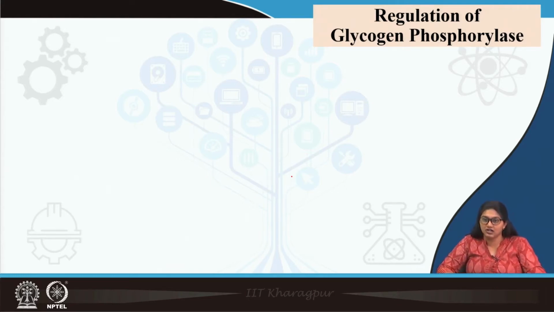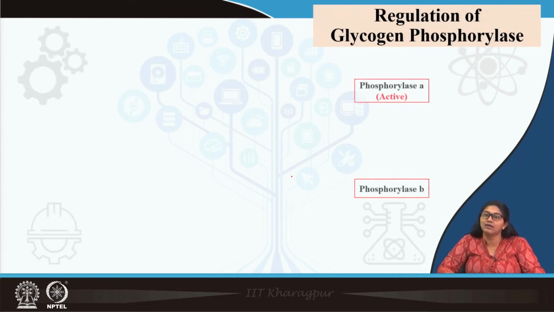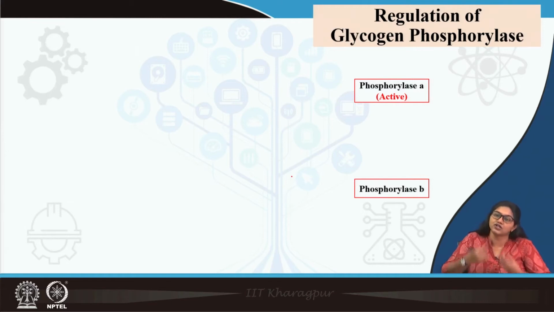They demonstrated that glycogen phosphorylase remains in two forms: phosphorylase A and phosphorylase B. Remember, this is the first phosphorylase that was discovered, so to honor this discovery, whenever we say phosphorylase, it means we are talking about glycogen phosphorylase.